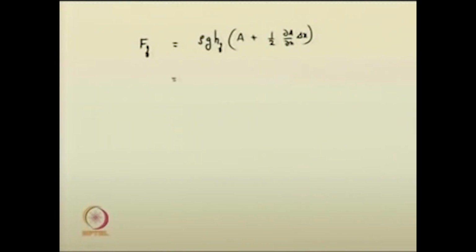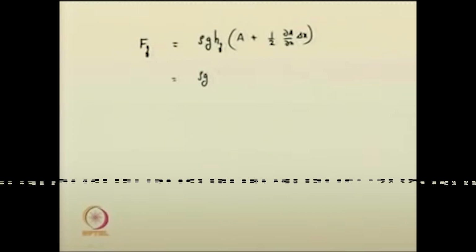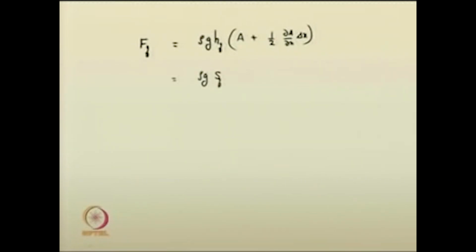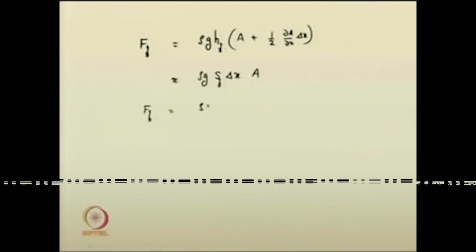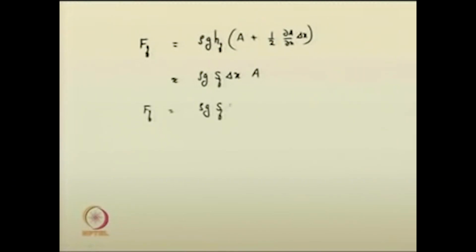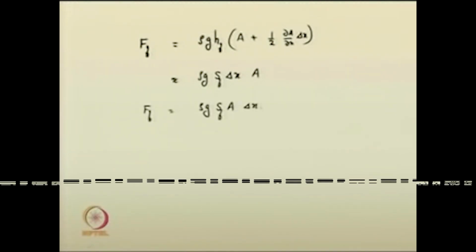Friction force I can write like this. This you can easily approximate as ρg SF Δx into A; the higher order terms of Δx we are omitting. So, I can write it again: friction force is equal to ρg SF A into Δx.